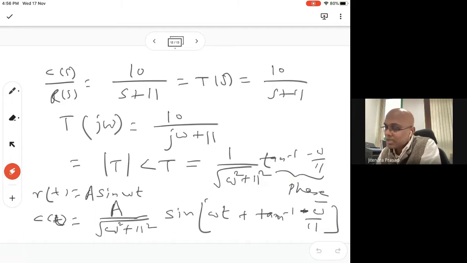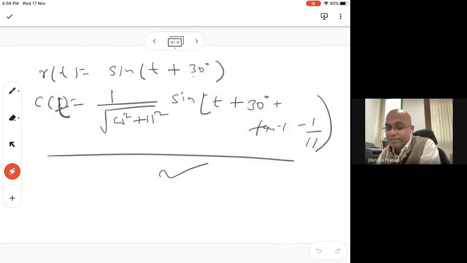So we looked at two ways. One is the usual, long way: you take the Laplace transform, then the inverse Laplace transform, and solve it. The other is to go as per the interpretation of the harmonic response.